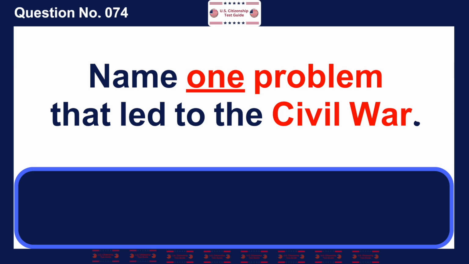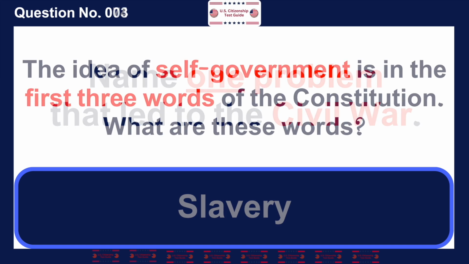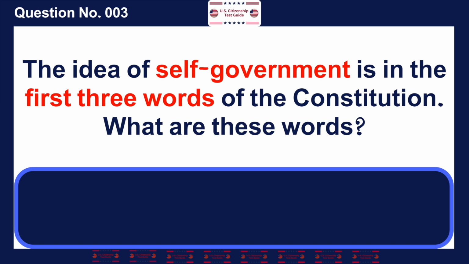Name one problem that led to the Civil War. Slavery. The idea of self-government is in the first 3 words of the Constitution. What are these words?